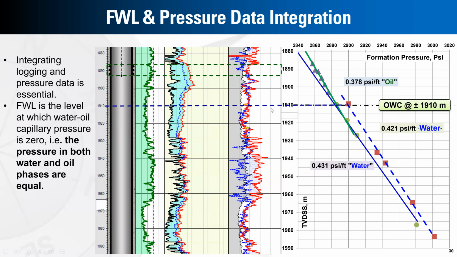The intersection is mostly the oil water contact. This is the integration between the petrophysical parameters and the pressure data to define the possible depths of the oil water contact, as you can see from this log and pressure data.